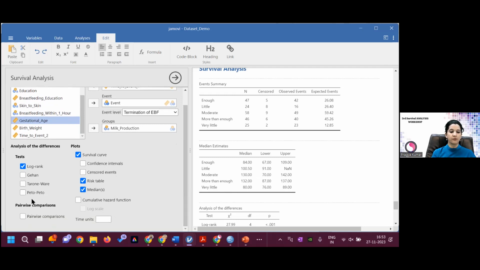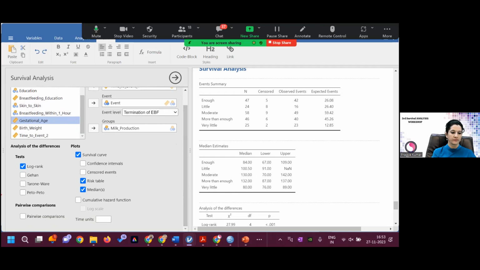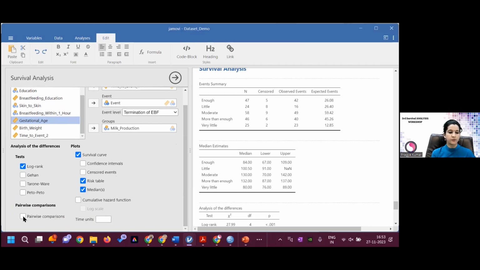Can you see there is an option of pair-wise comparison here? This option is used when you have got 3 or more groups. Since I have got 5 groups, you can click this and you can see how it appears.